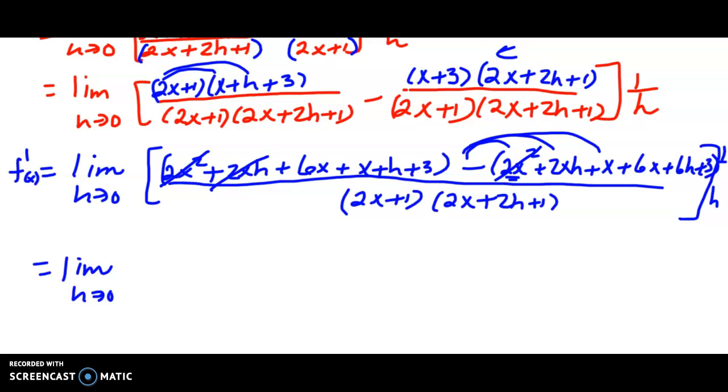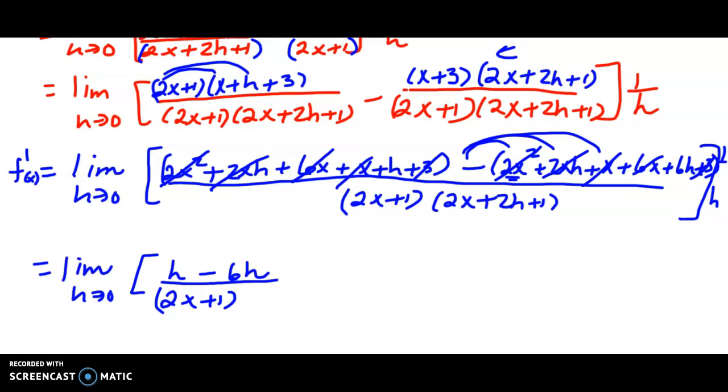This 2xh will cancel when you subtract. This 6x and this 6x will cancel, and this 3 cancels. As you can see, this x is canceling, so then I'm left with, in the numerator, h minus 6h. So a lot of terms went away.